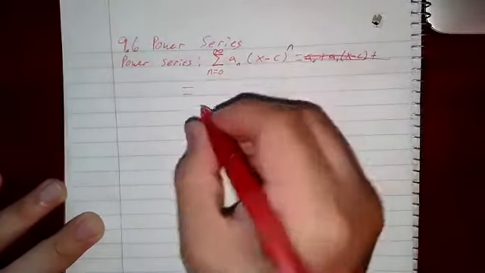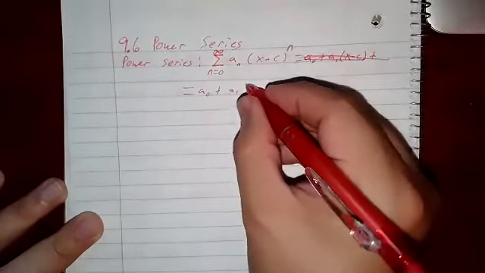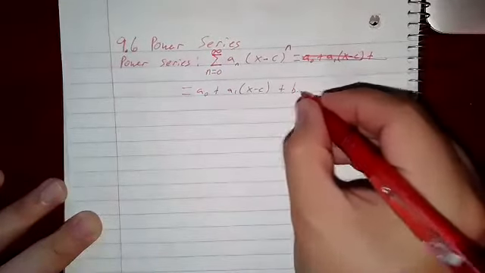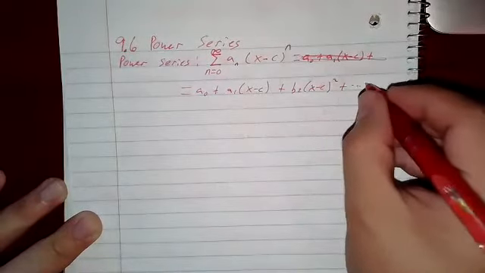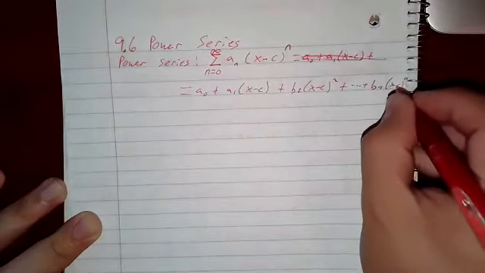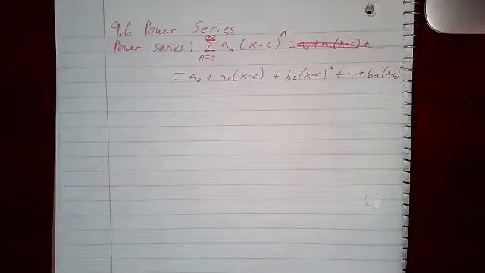Write it over here. A naught plus a1 times x minus c plus a2 times x minus c squared plus, all the way till an times x minus c to the n.